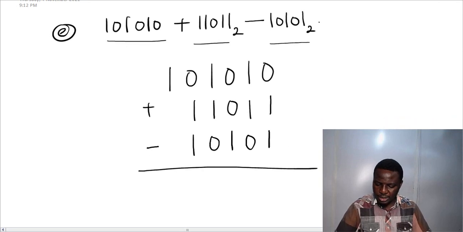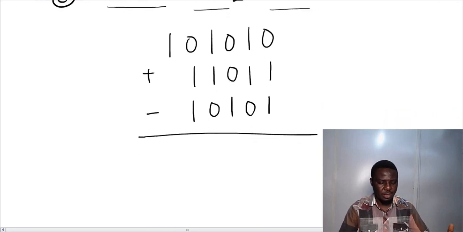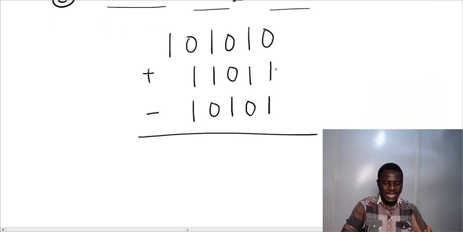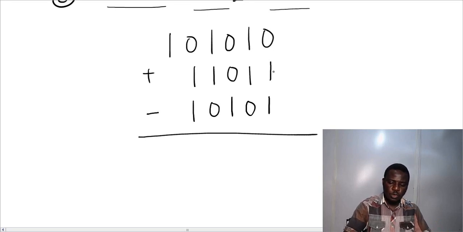Now what I'm going to do is I'll take the 3 together, by adding the first two and the answer I get, I subtract the last one from it. So 0 plus 1 is 1, and 1 minus 1 is 0.